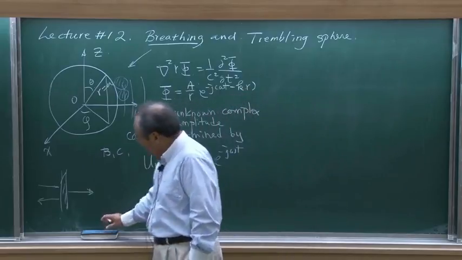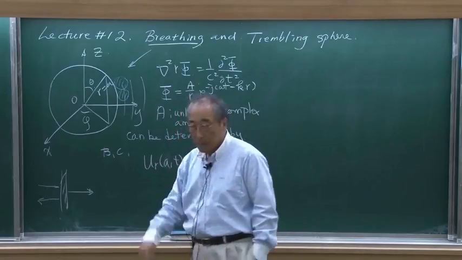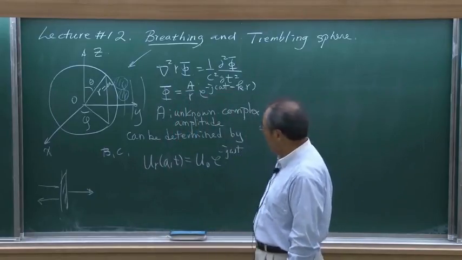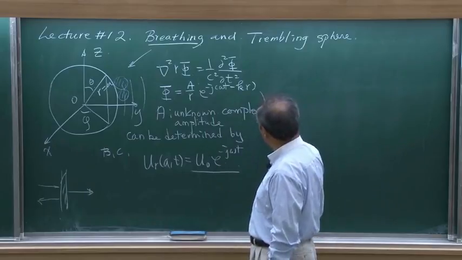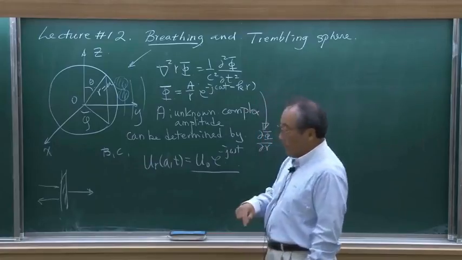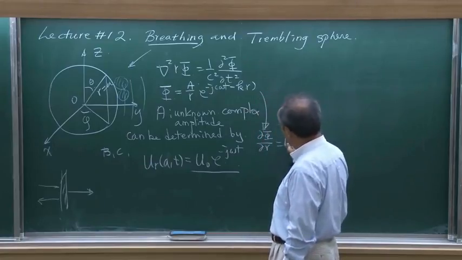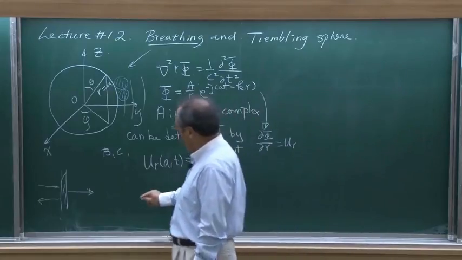I'm sorry, this r has to be a. So equating this with d phi dr, that is the velocity in the r direction, gives us A.